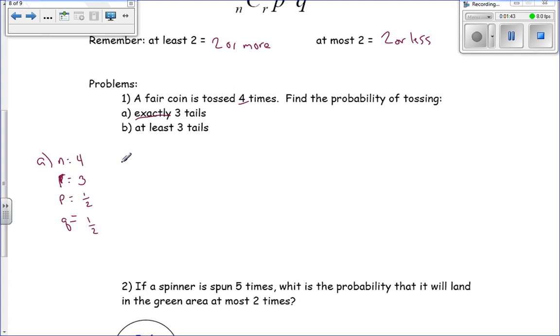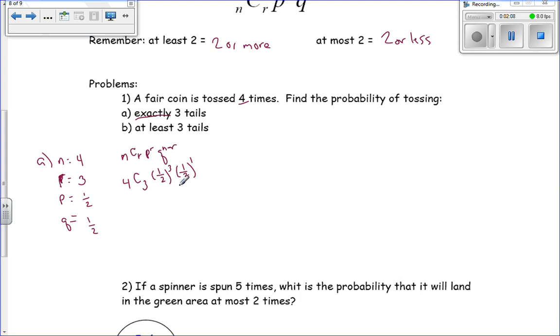So you'd have, I'm going to separate it once per problem this time, nCr, P to the r, Q to the n minus r. So we have 4C3, 1/2 to the third, 1/2 to the first.